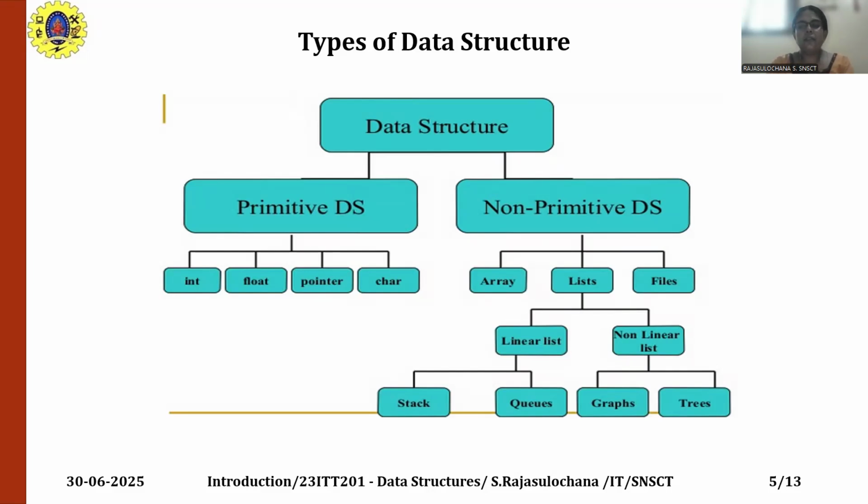The best example for a list is a grocery list. It can be implemented with the help of an array as well. List is classified into two types: linear list and non-linear list. Under linear list, we have stack and queues, and under non-linear list, we have graph and trees.